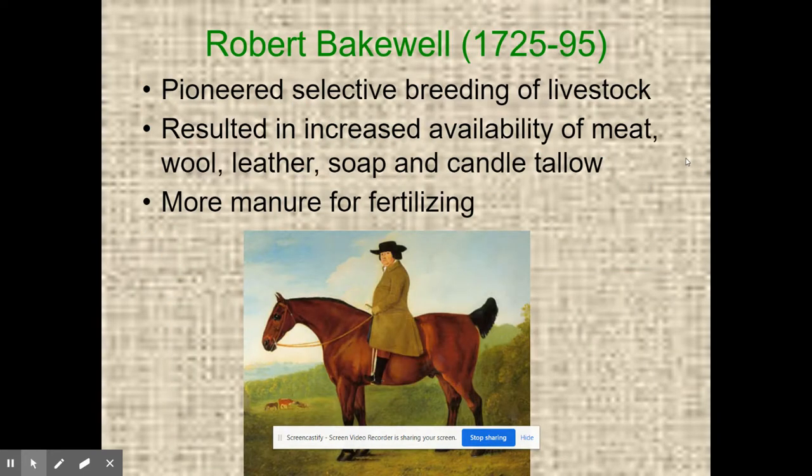Robert Bakewell is going to use the ideas of animal husbandry on livestock, which then created larger animals, like horses, dogs. And that's the other thing. The horse was not widely used in farming by peasants because of the amount of leather and the amount of technique it took to make a harness, because horses are different than cows. You can just put a yoke on a cow because of the way they're structured.